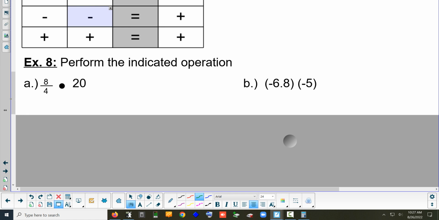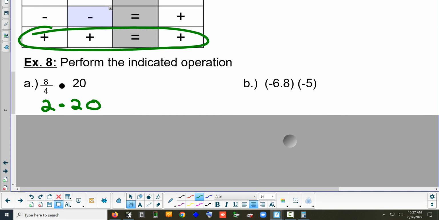What is 8 divided by 4? 2. 2 times 20. What kind of number is 2? Positive. What kind of number is 20? Positive. So we have this case. Positive times a positive is going to give me a positive. What's 2 times 20? 40. Good.